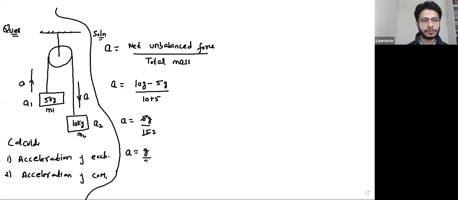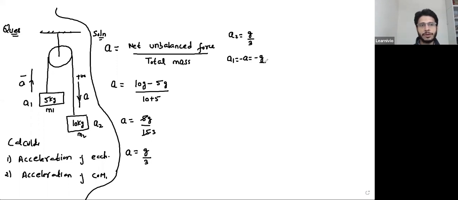Now, A1 and A2 depend upon your sign convention. If downwards is positive and upwards is negative, that means your A2 will be g by 3, but your A1 would be minus g by 3. So that's A2 and A1.